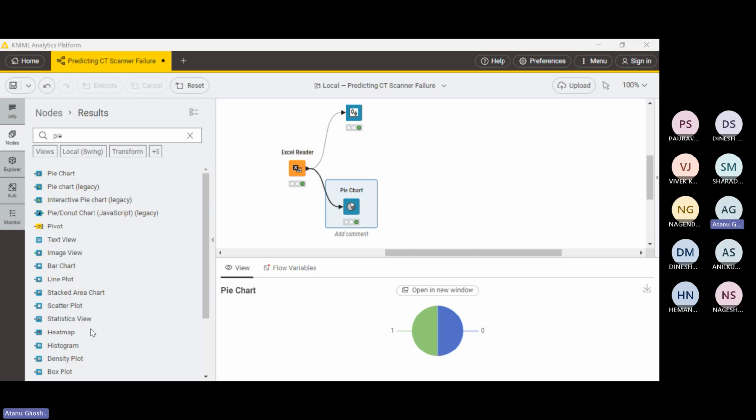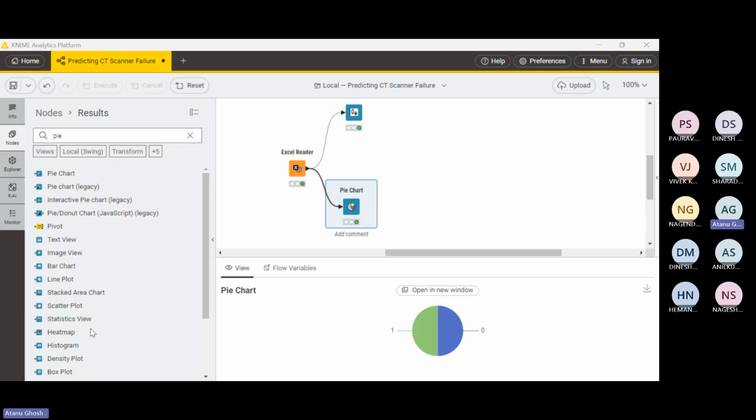So let's say you have collected the last 6 months of data. In the last 6 months, one particular machine that we were trying to predict has failed 10 times and it was working fine 1,000 times. And the data scientist says it is highly imbalanced data, only 1% of your data belongs to the failure class.